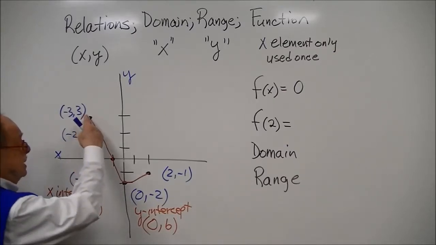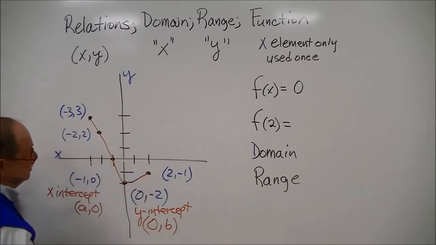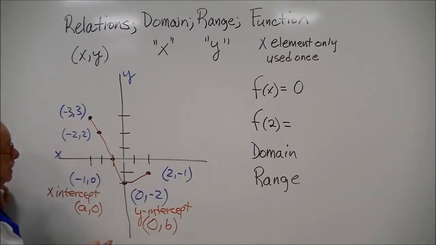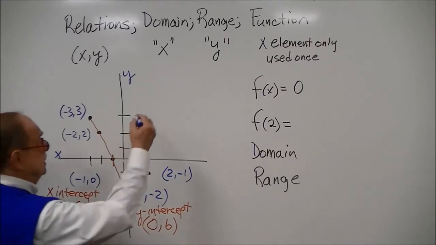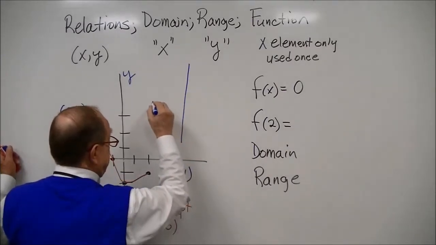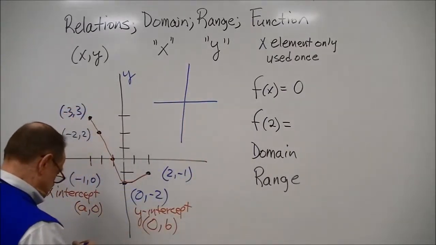And again, if I connected these points, which I did, how can you tell by looking at a graph whether or not the graph is a function? Well, for this, we have something that's called the vertical line test.